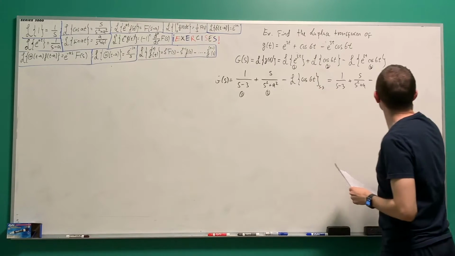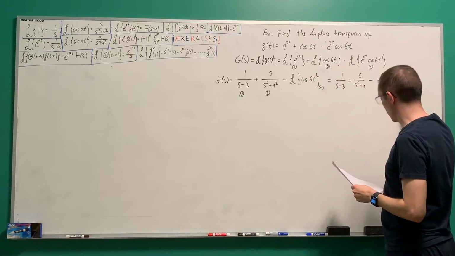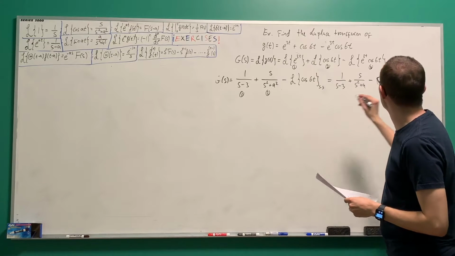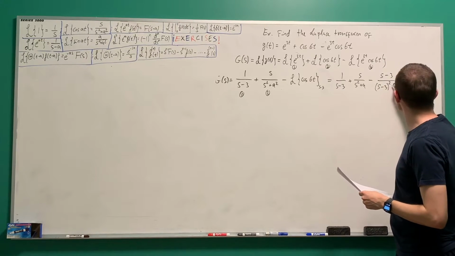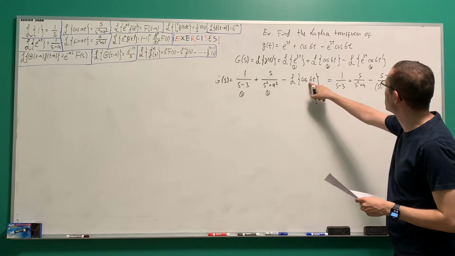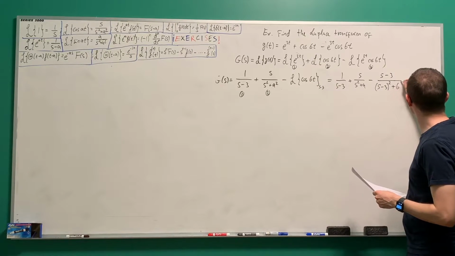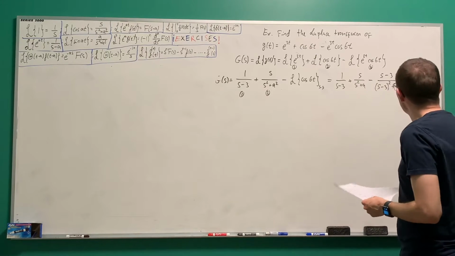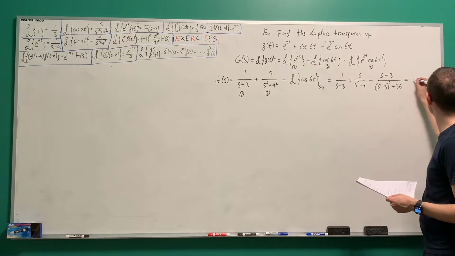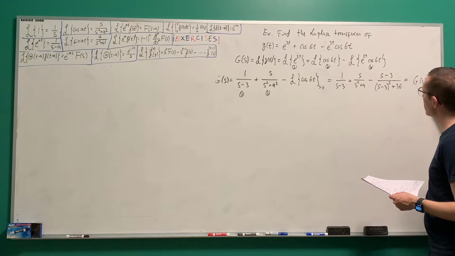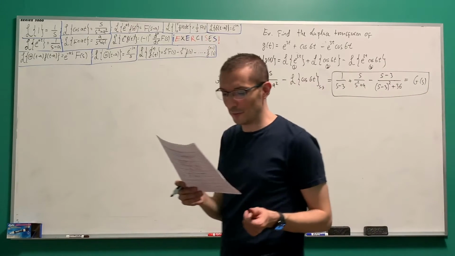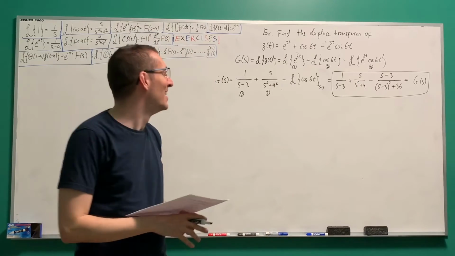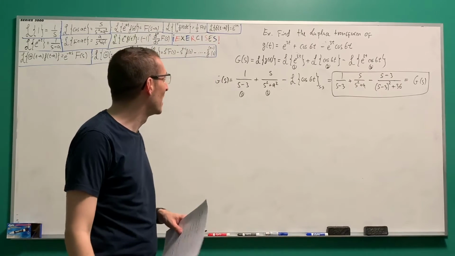So this is s minus 3 divided by s minus 3 squared plus a squared, and a here is 6, so 36. All right, so that's it. This is G of s. Exercise solved. Very simple. Don't worry, we'll get to complicated ones. Still, we're going to keep it simple for a while.